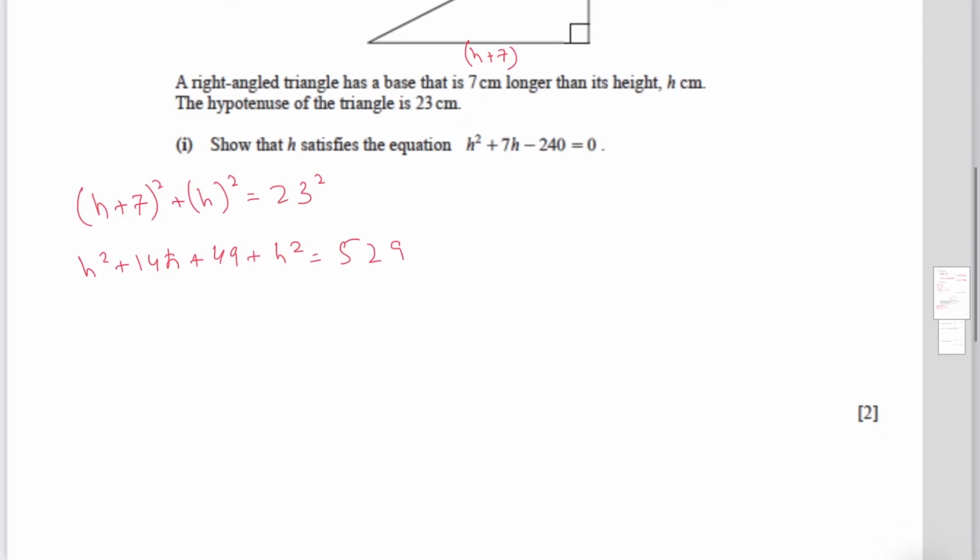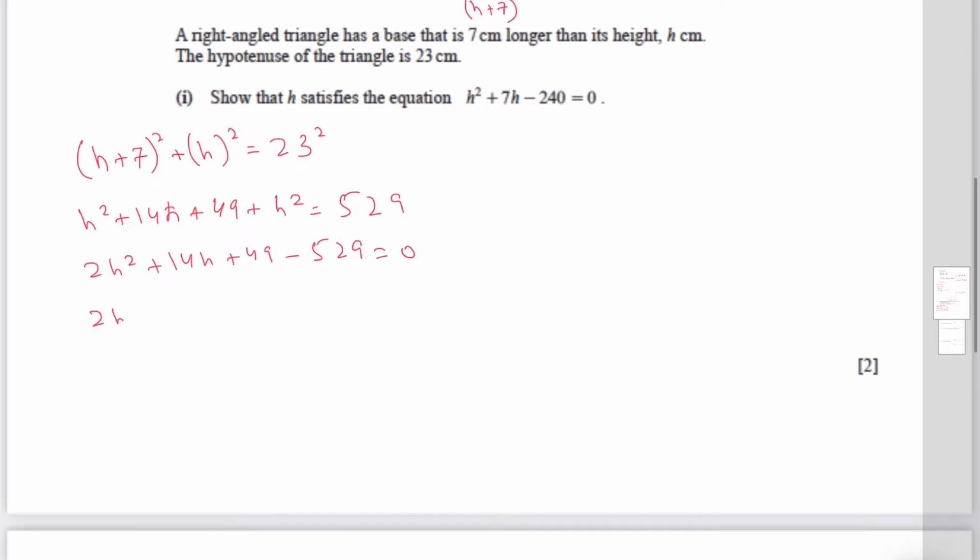The next thing is you bring the h squares together. This becomes 2h square plus 14h plus 49, and you bring the 529 to the left side. This becomes negative 529 equal to 0. Okay, let's solve this further. This becomes 2h square plus 14h, and then when you solve for 49 minus 529, the sign becomes negative, and this becomes 480 equal to 0.